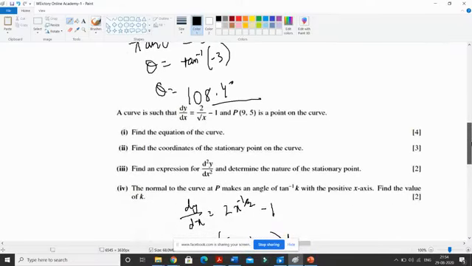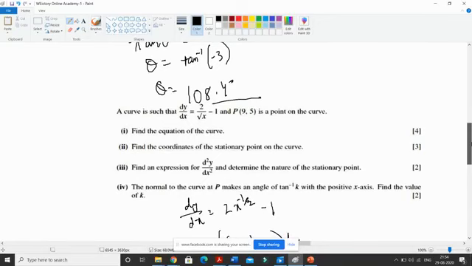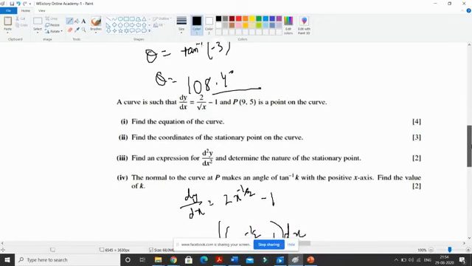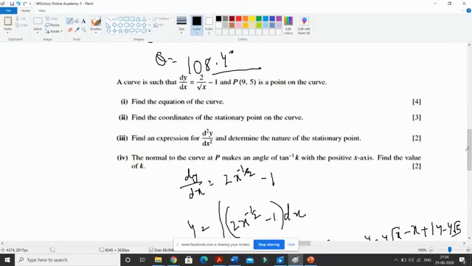Next is the normal to the curve at P makes an angle of tan inverse k with the positive axis. Find the value of k. So normal to the curve at point P, this particular point. So let's find out the gradient at this particular point.